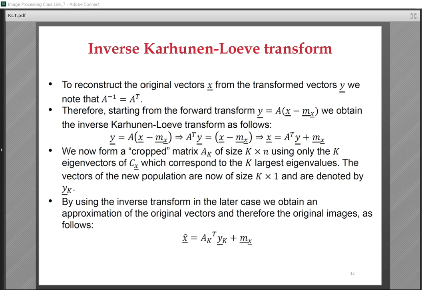To reconstruct the original vectors x from the transformed vectors y, we note that A inverse is A transpose. That's right, because of orthogonality and orthonormality. Therefore, starting from the forward transform, Y is A times (x minus mx), by definition, we obtain the inverse KL transform as follows.